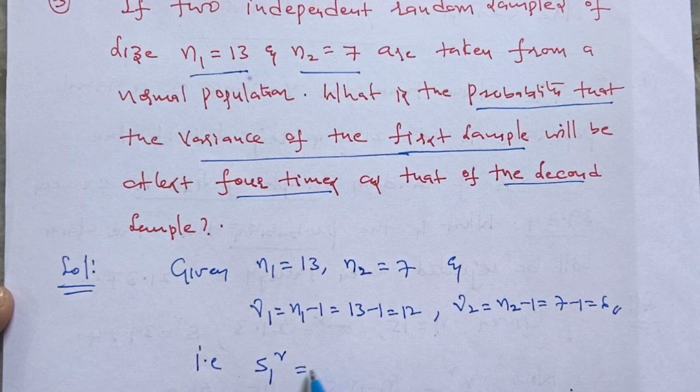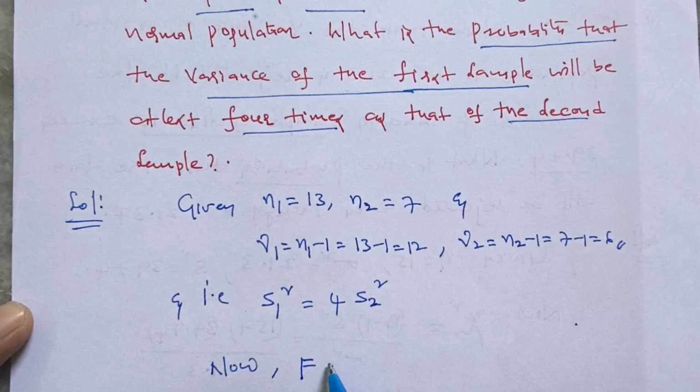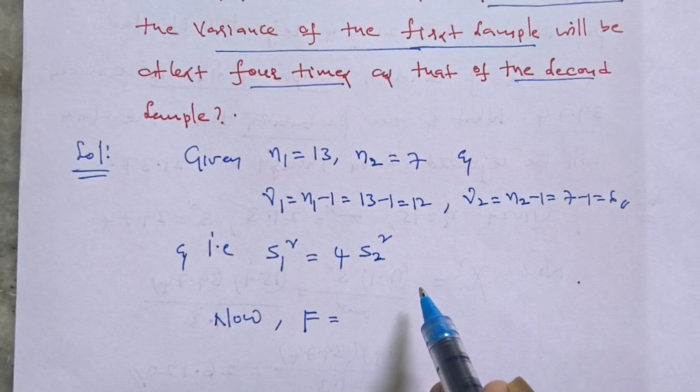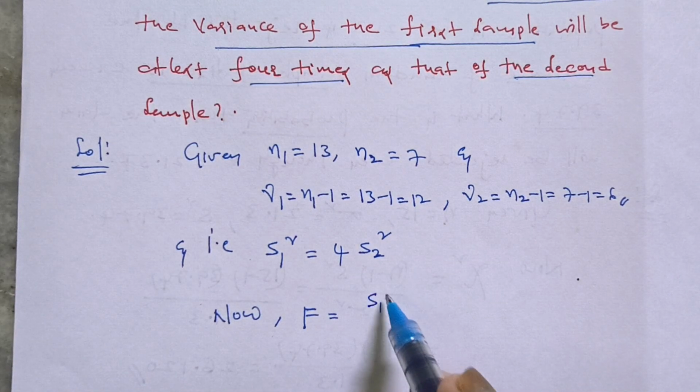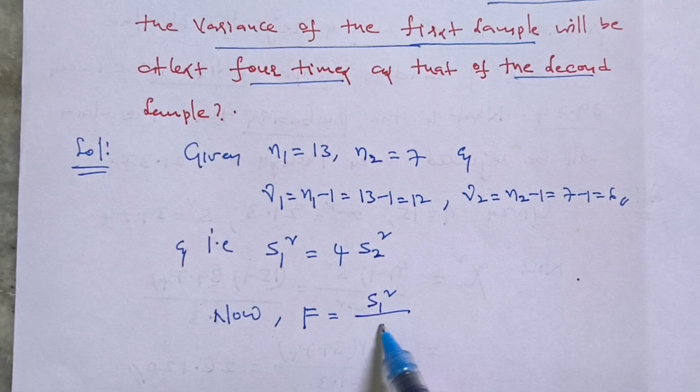That means the variance of the first sample S1 square is at least, that is greater than or equal to, 4 times the variance of the second sample, that is 4 into S2 square. Therefore S1 square equals 4 into S2 square.